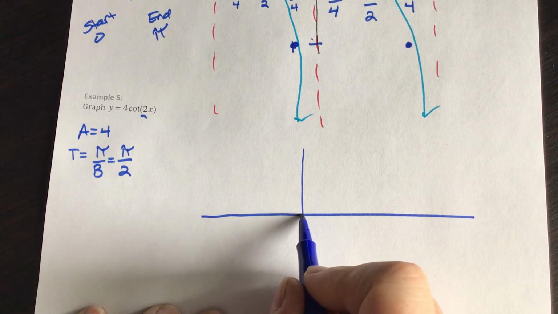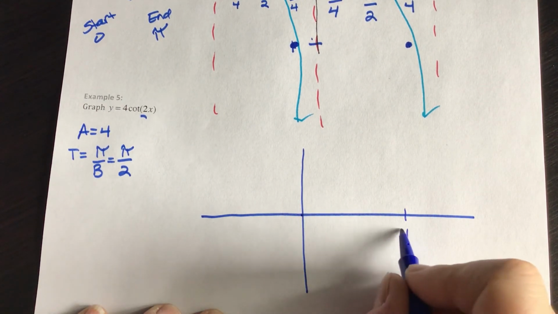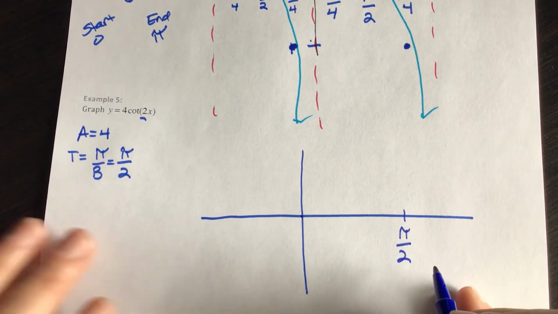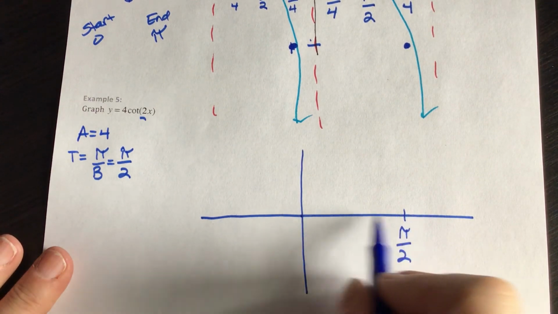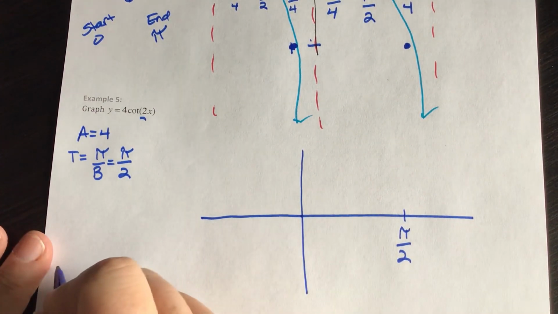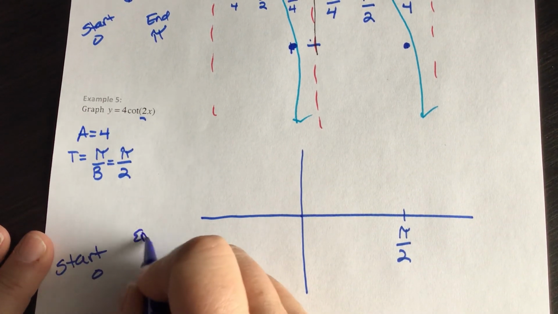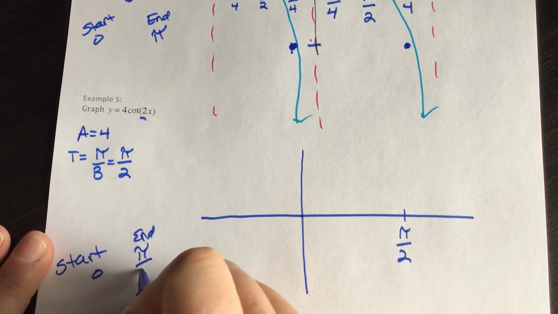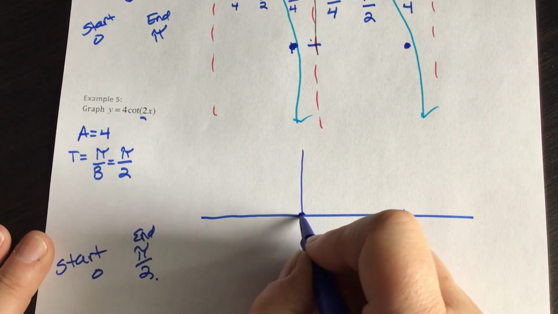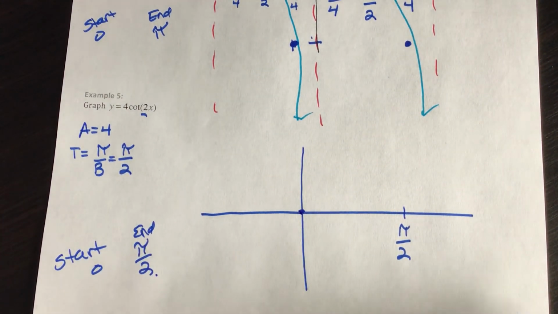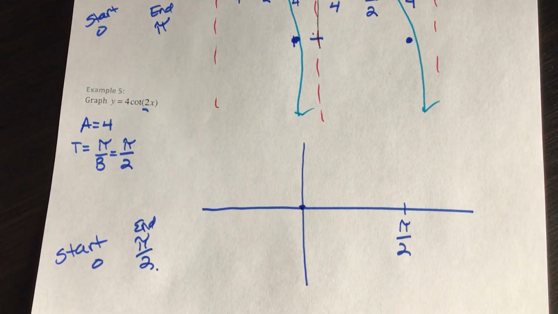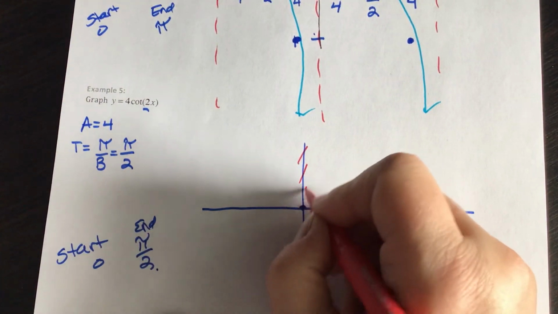I'm going to start at 0, and I'm going to go to pi over 2. Okay, so this will be one cycle from 0 to pi over 2. So I have my vertical asymptotes here.